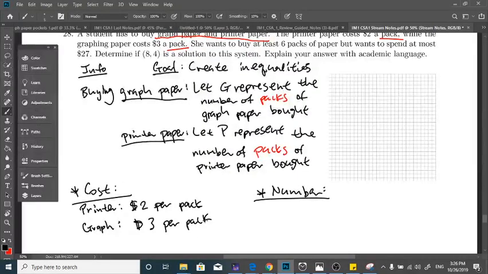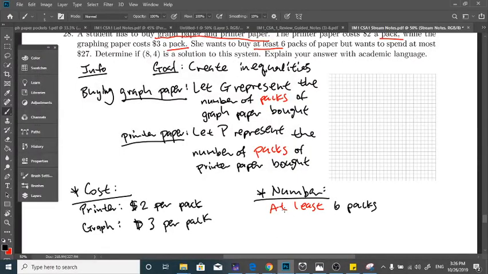And then the number. So in this case, we don't know exactly how much. We have instead another word, at least. So we are looking for at least 6 packs.